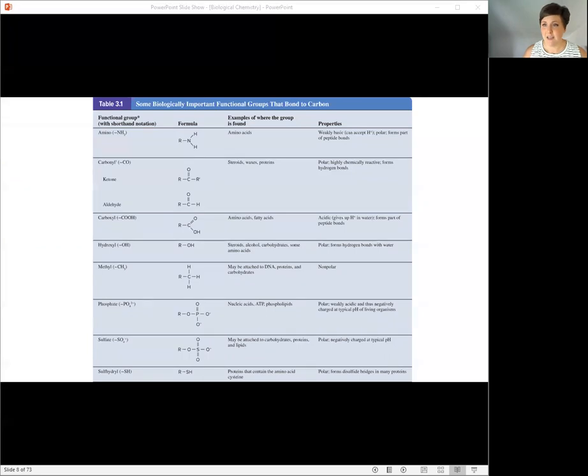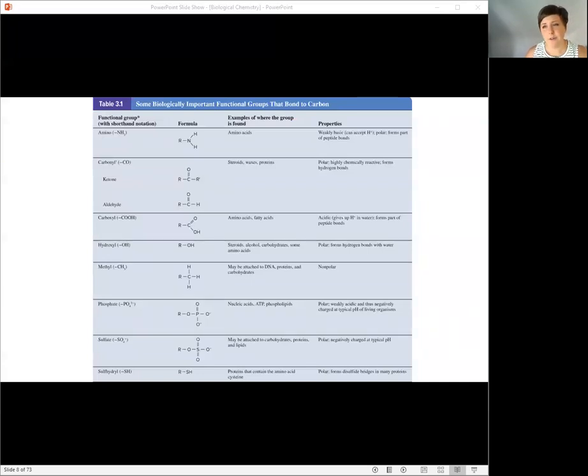Carboxyl groups are acidic and are found in amino acids and fatty acids like proteins and lipids. Hydroxyl groups, which are abundant, are found in most macromolecules and are excellent at forming hydrogen bonds with water and are often a functional group involved in hydrolysis or dehydration synthesis reactions. Methyl groups are nonpolar, thus they are repelled by water. These are present in DNA and proteins and some carbohydrates as well.